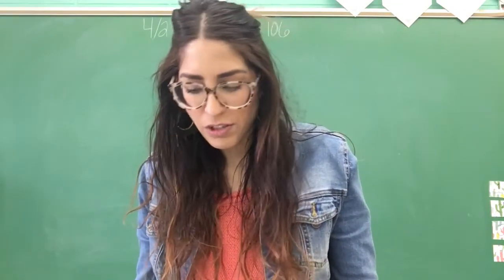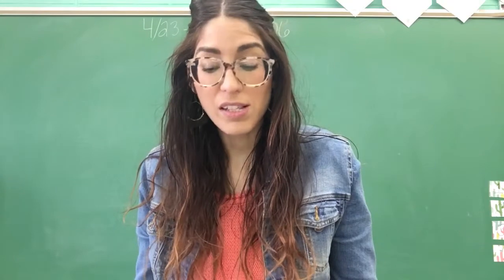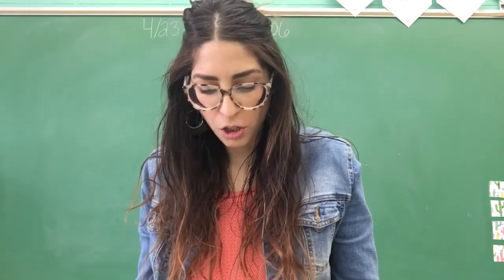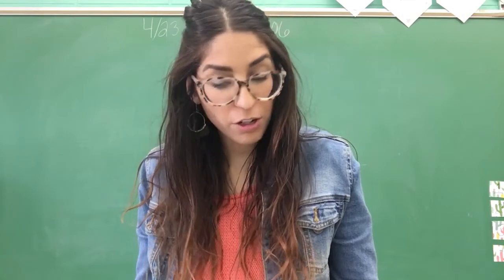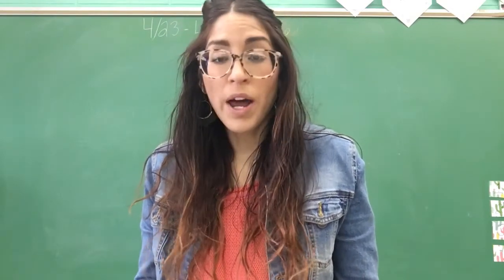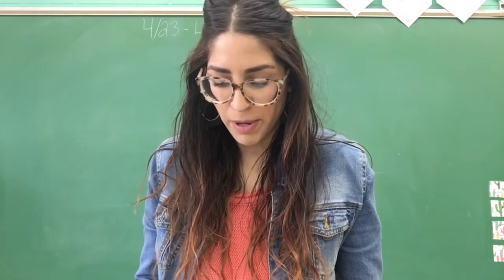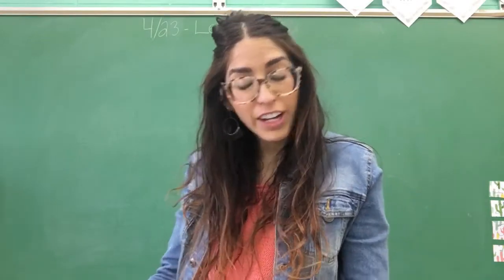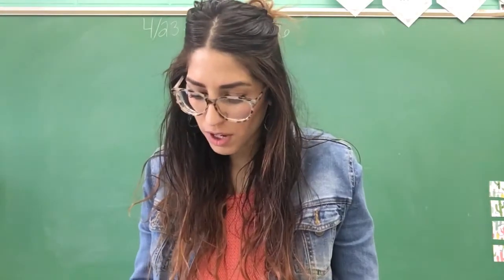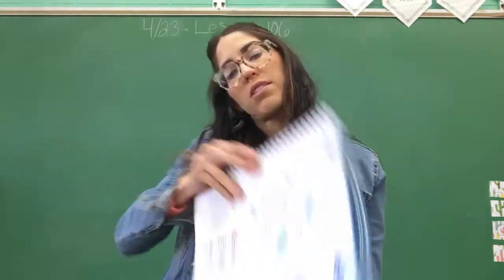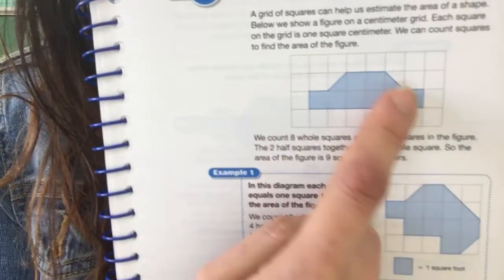A grid of squares can help us estimate the area of a shape. Below, we show a figure on a centimeter grid. Each square on the grid is 1 square centimeter. We can count squares to find the area of the figure. So if you see this in your math book, this is the grid, right?